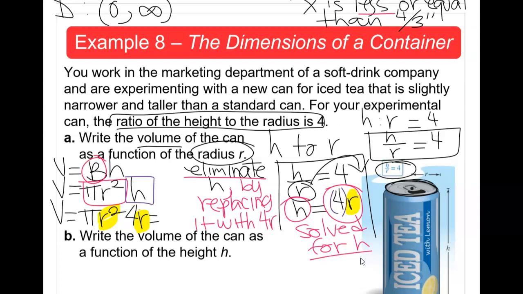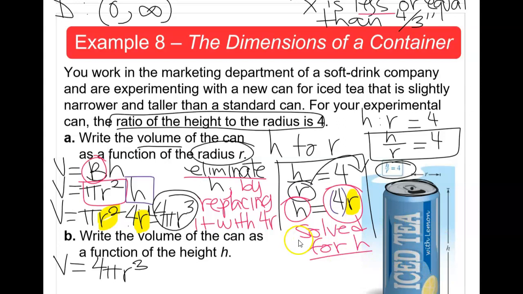So just for convenience, I'm going to write the constant term first, 4, and then pi, that's also a constant. And then we're going to have r to the 3rd power because we add the exponents. So that is the answer for part A of the problem. So it will be V equals 4 pi r cubed.